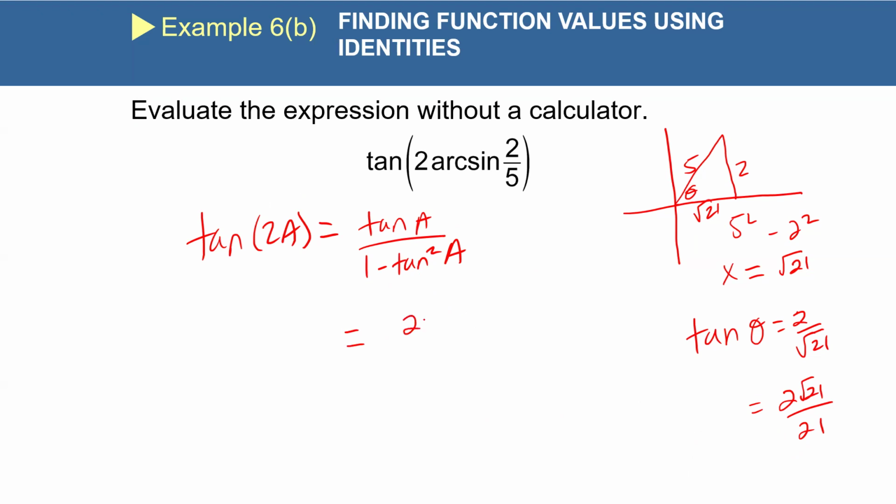So tan A is 2 square root of 21 over 21, divided by 1 minus 2 square root of 21 over 21, squared. And you would clean up, keep, change, flip, and that would be your answer.